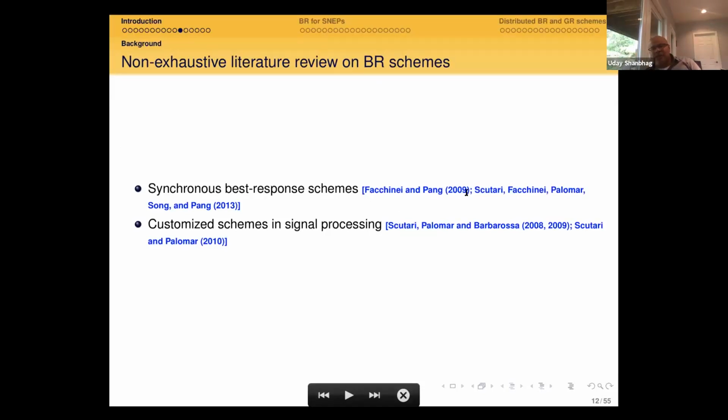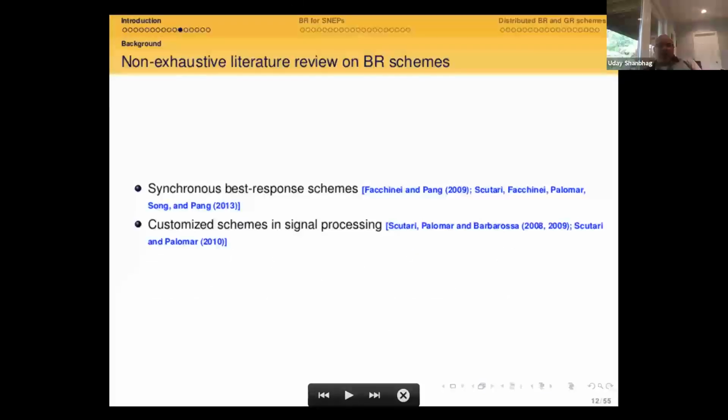There has been a lot of work done by Gesualdo Scutari, Francisco Facchinei, and Daniel Palomar on these types of schemes, synchronous best response schemes. They've looked at customizing some of these schemes in the context of signal processing, where in some cases they come up with closed-form expressions for these best responses, and that allows you to come up with extremely efficient schemes, particularly in these contexts.